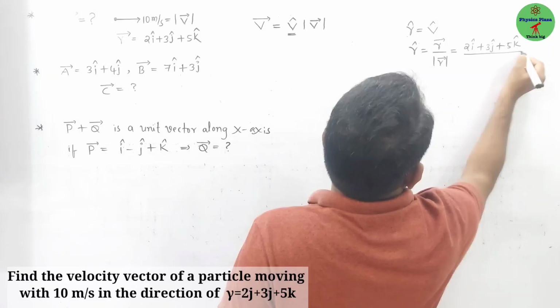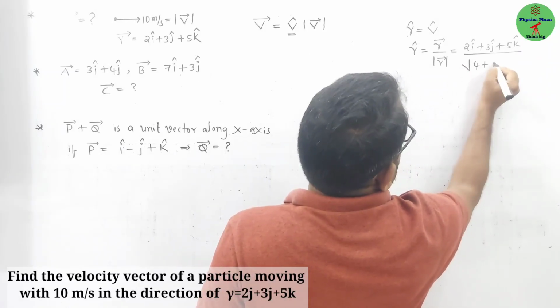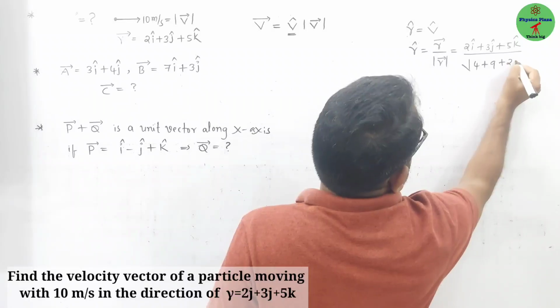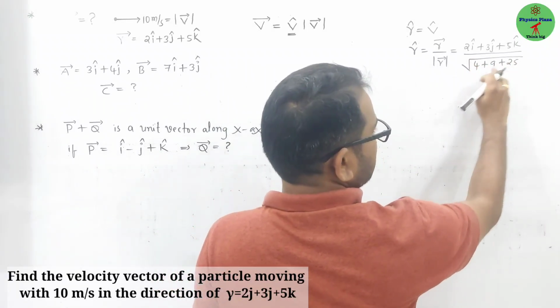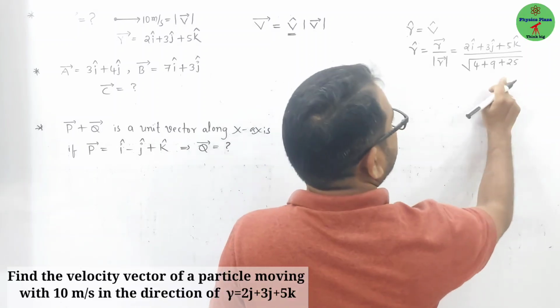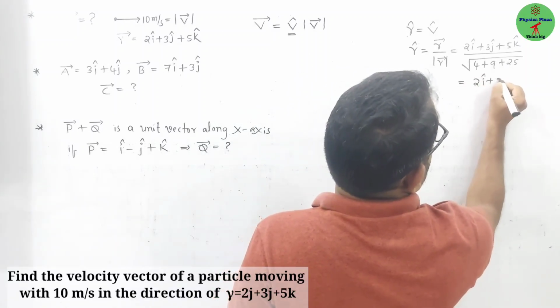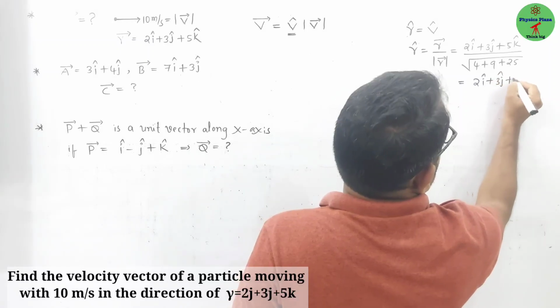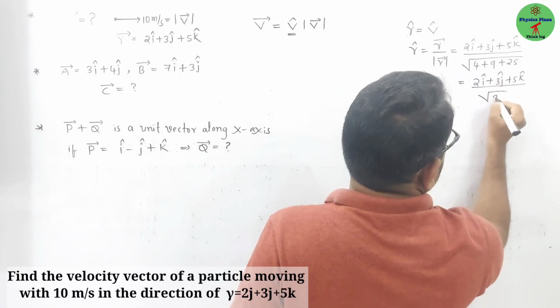But its magnitude is going to be 2 square is 4 plus 3 square is 9 plus 5 square is 25. So how much is this, children? 25 plus 4 is 29 and 9 is 38. So r cap is 2i cap plus 3j cap plus 5k cap by square root of 38.